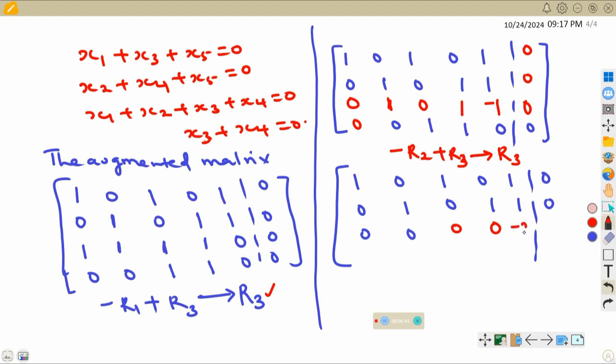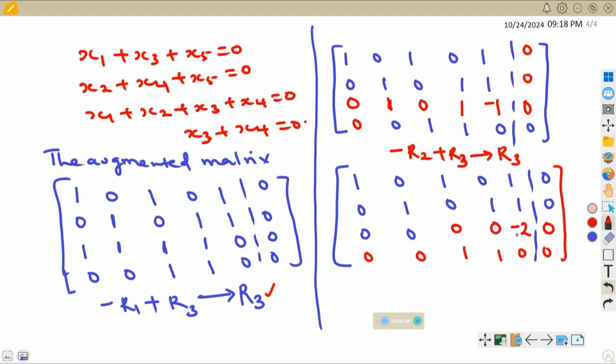It will be negative 2. And this one here will still be 0. So next, we shall have this as 0, 0, 1. This will also be 1. This will be 0. And this will be 0. So that is what we shall have.